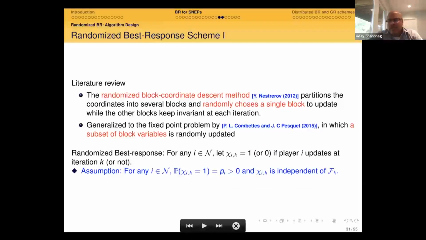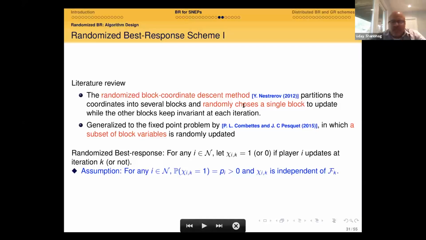So here's the third scheme. The third scheme uses randomization. This was inspired by the randomized block coordinate descent work that has been progressing since the seminal paper by Yurii Nesterov in 2012. It's in the context of block structured optimization, where the coordinates of a problem are broken into several blocks, and a particular block is chosen to make an update.